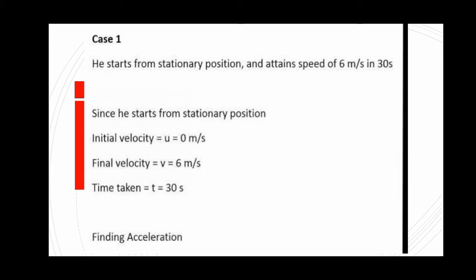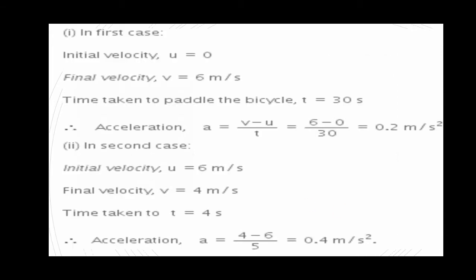Final velocity v equals 6 meter per second, and time taken t equals 30 seconds. Finding acceleration in the first case: u equals 0, v equals 6 meter per second, time taken is 30 seconds. So acceleration a is equal to (v minus u) by t, that is 0.2 meter per second square.